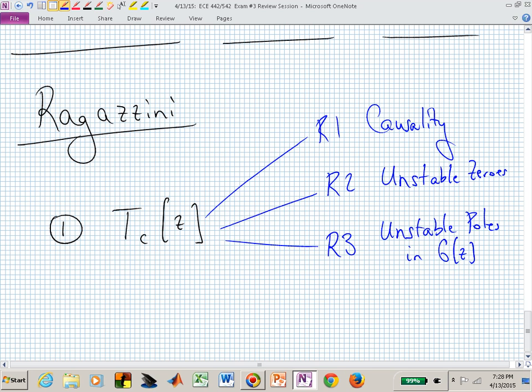And now you need the zeros of 1 minus T sub C of Z to be at the same location as those unstable poles of G of Z. And then you get the cancellation in your design formula, and your C of Z doesn't end up with zeros where those poles are.